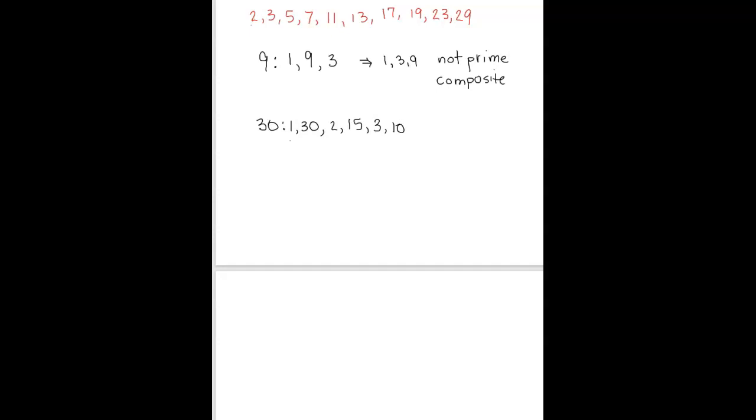And 4 does not work, but 5 does. So I've got 5 and 6. All right, now these are all out of order. I'm going to go ahead and put them in numerical order. But the idea behind this is that we're able to see that this is definitely not prime, right? There's more than just 1 and itself.